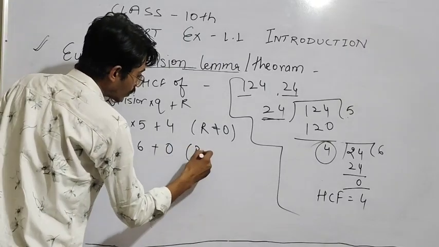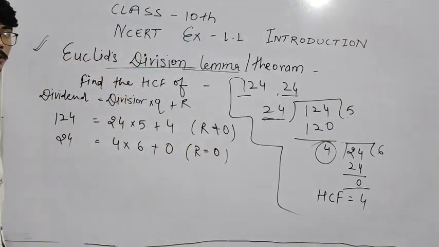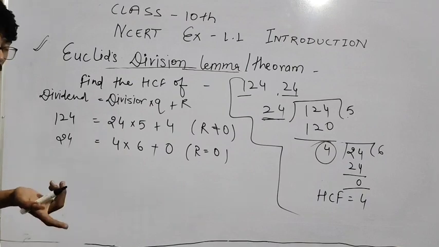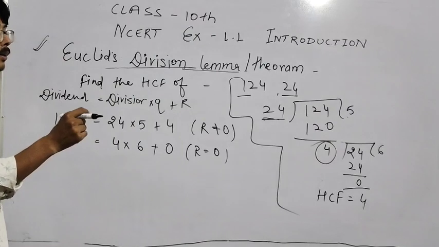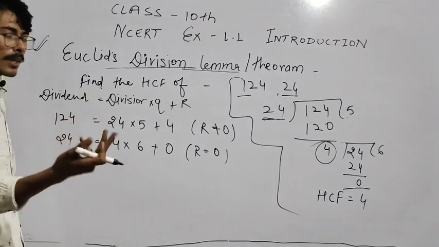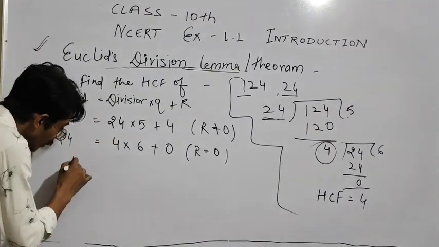And here we have got our remainder 0. So if we have found our remainder 0, then our process to find the HCF is done.